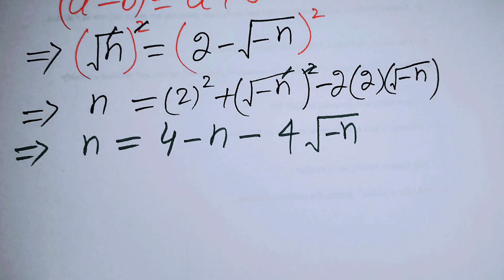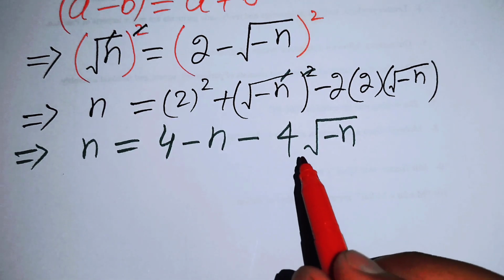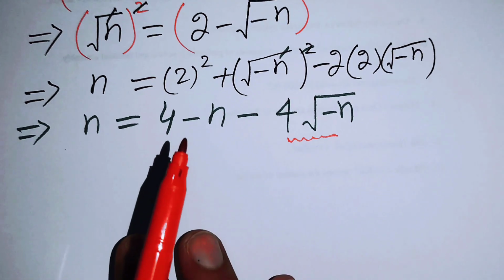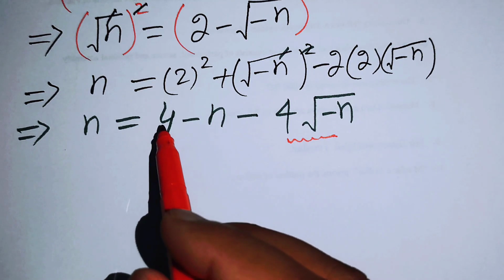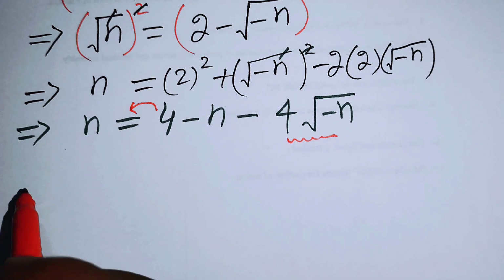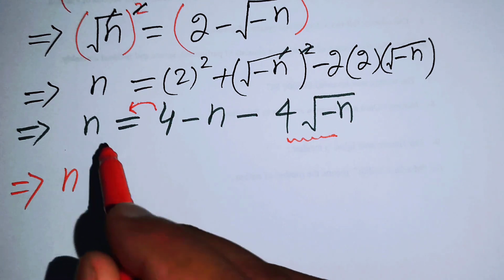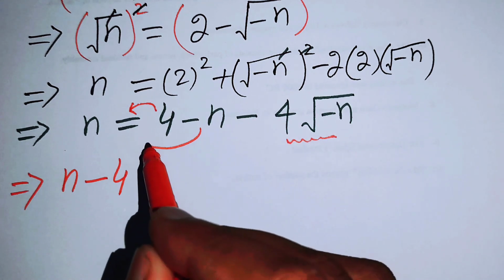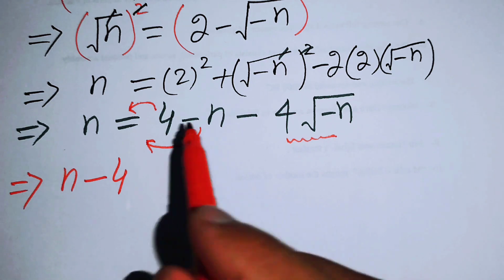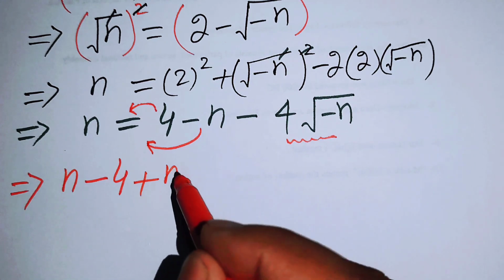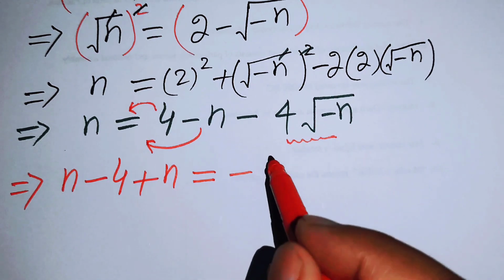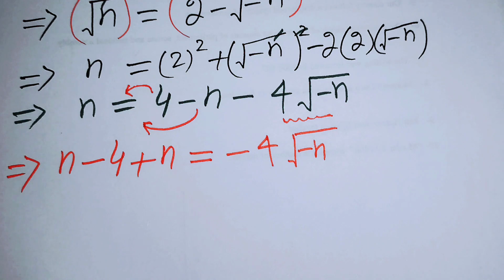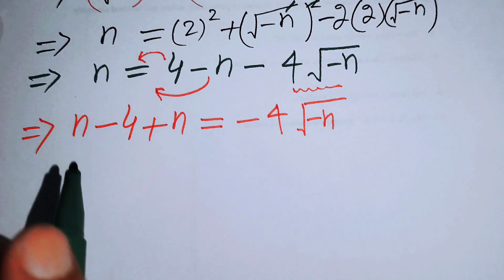I can move all the other terms to the other side. The 4 on the right hand side becomes −4 when we move it to the left hand side, so you have n − 4, and when we move the −n to the left hand side it becomes plus n, so n + n − 4 = −4√(−n).